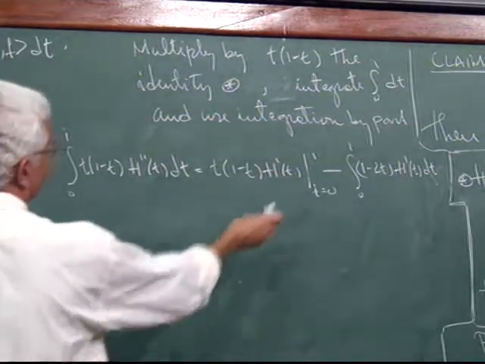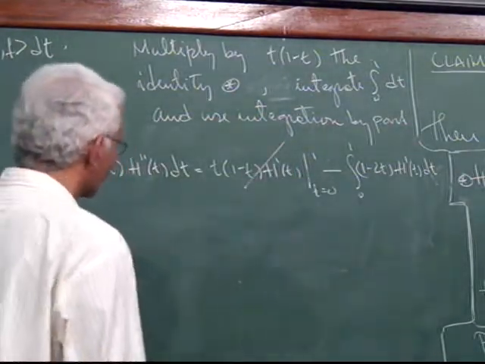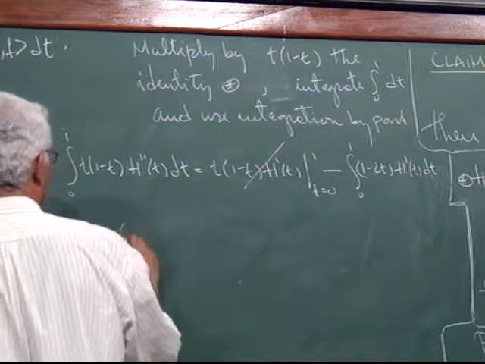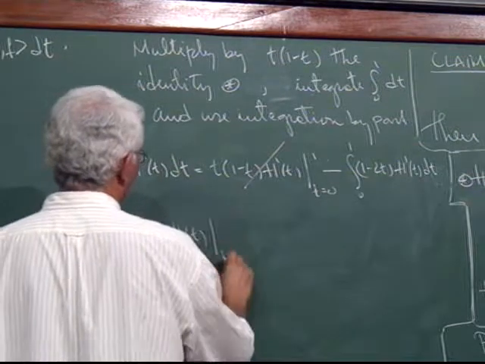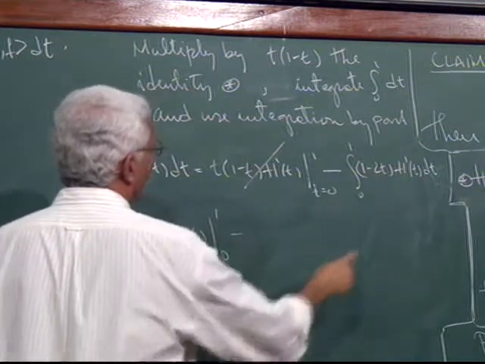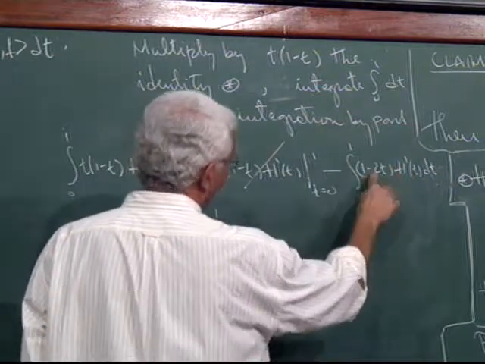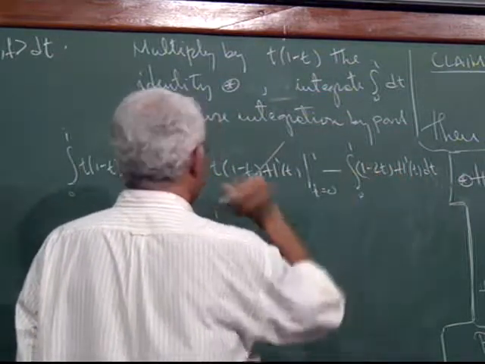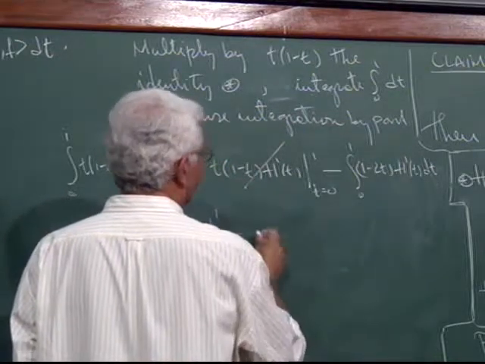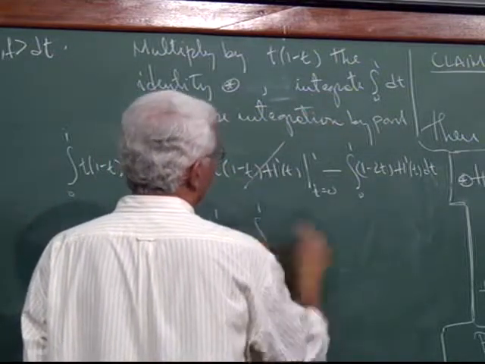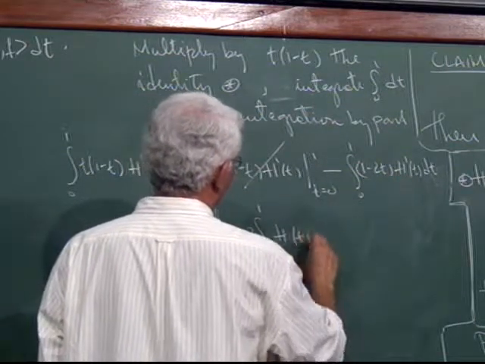This is 0 because t equals 0 and 1. Then you integrate by parts again. This is going to be minus (1 minus 2t) h of t evaluated at 0 and 1. And then you have a minus here. The derivative is going to give you another minus, and the formula gives you another minus. You have 3 minuses. Then the derivative of that gives you 2 h of t dt.